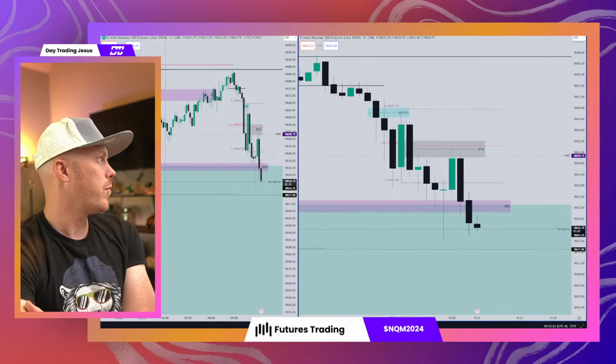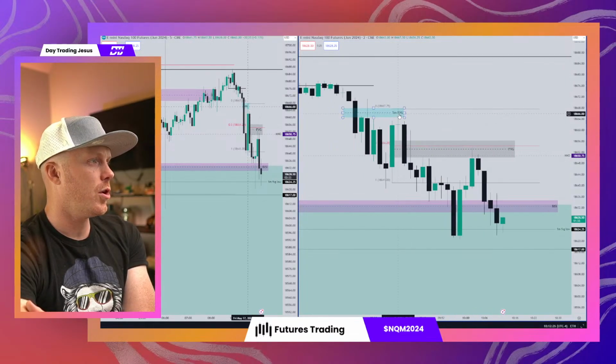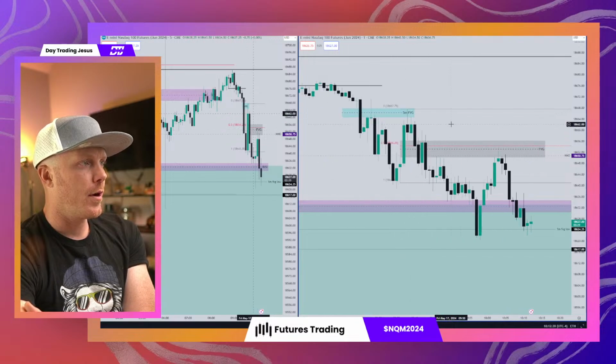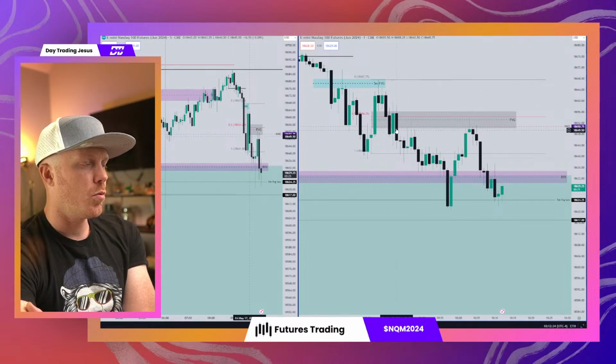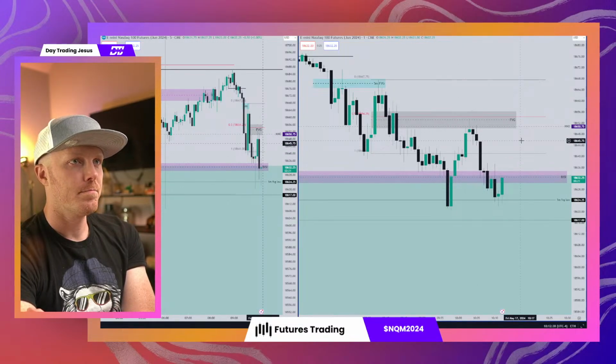I wasn't watching the 4-minute. That's why it's very valuable to thumb through these different time frames for the charts just to see how they play out. Because when you look at the 1 minute, it looks nothing like what we saw in the 4-minute. Nothing like it.